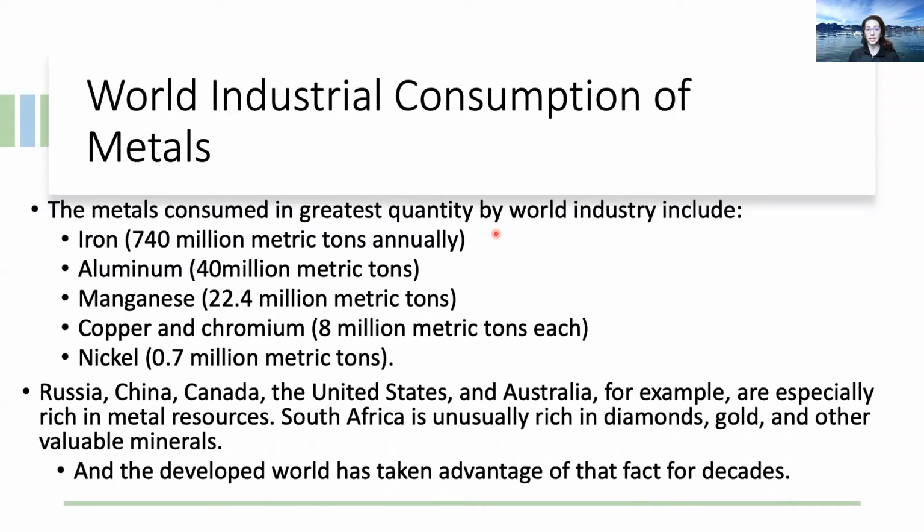South Africa, because of the geological type of rocks that they have there, is unusually rich in diamonds, gold, and other valuable minerals. And the developed world has taken advantage of that fact for decades, often exploiting these communities and these ecosystems.